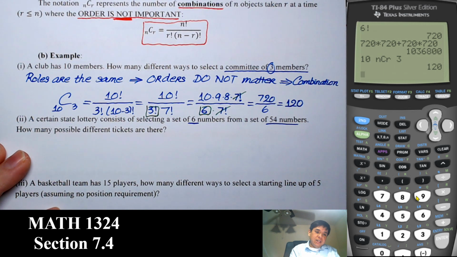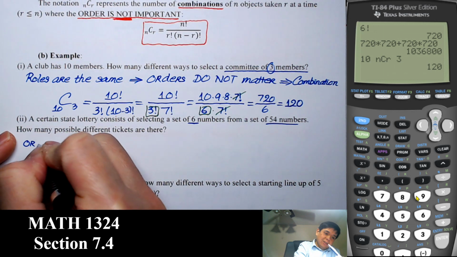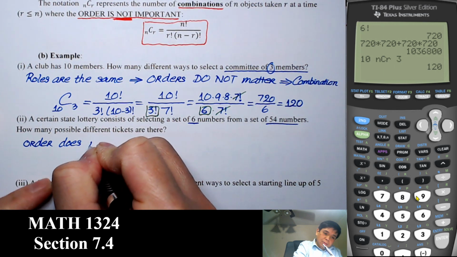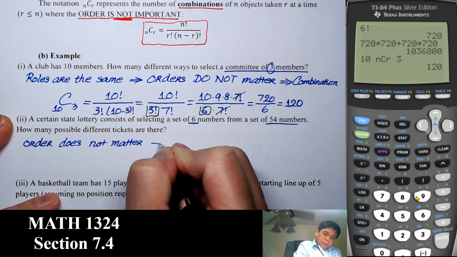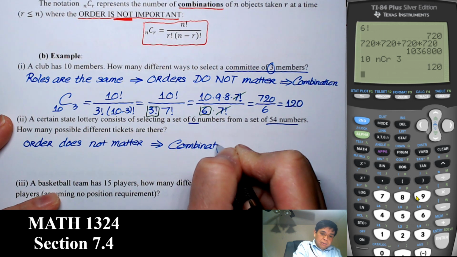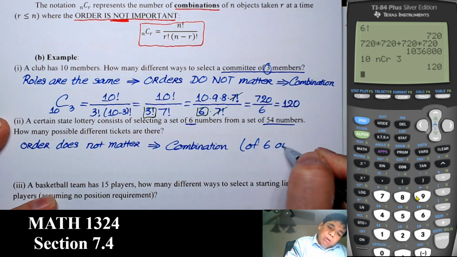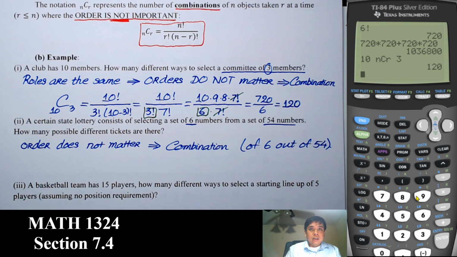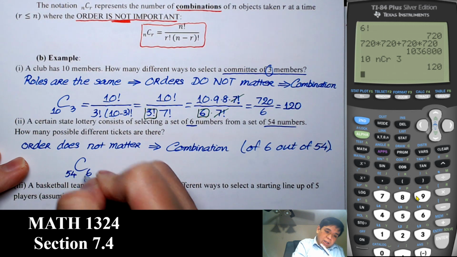So in that case, once again, order does not matter. So that is a combination, the combination of 6 out of 54. So we have C, 54, and 6.